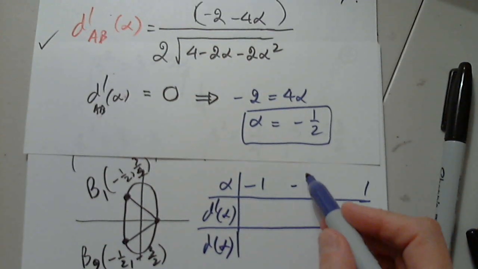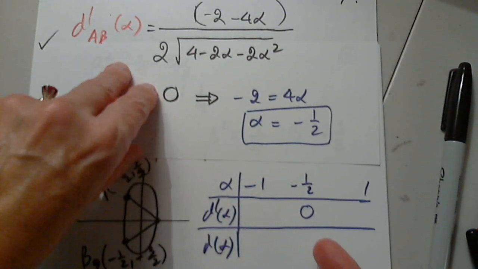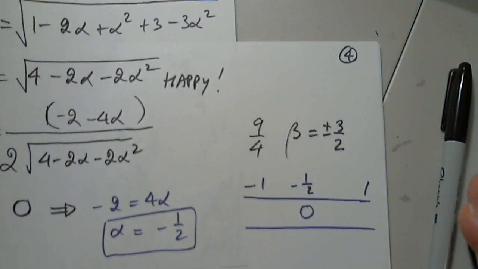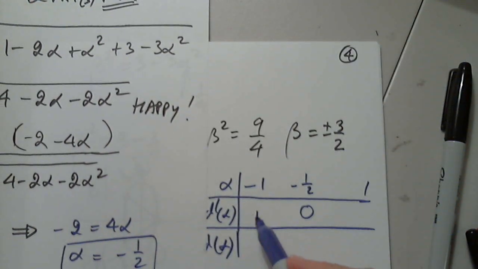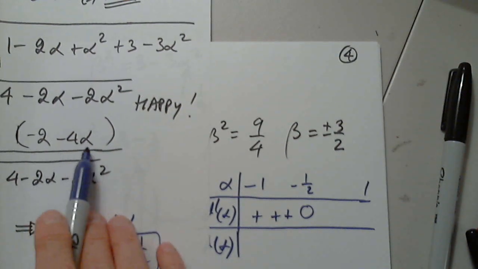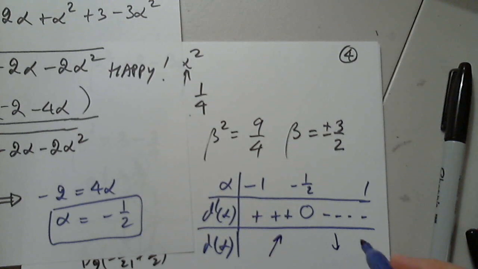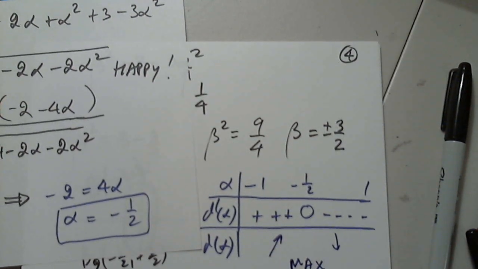So we got -1/2. So this is 0. I have to study the sign because I don't know what it gives. Maybe it gives a minimum, maybe it gives a maximum. I don't know yet. So when I plug in -1, I get positive, and on the other side, I get negative. So this is definitely the max as expected.